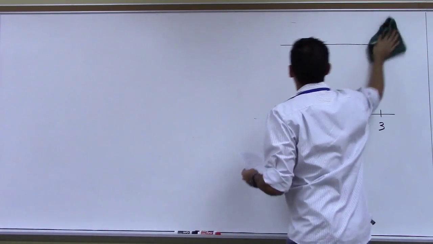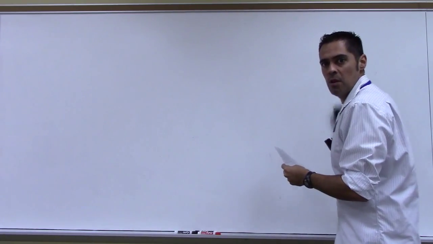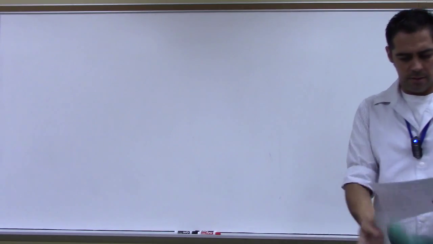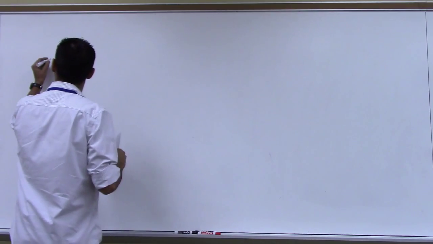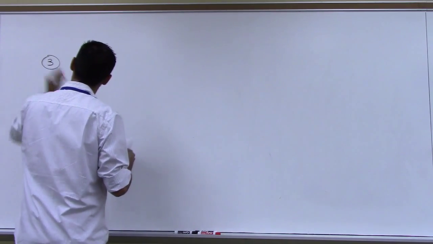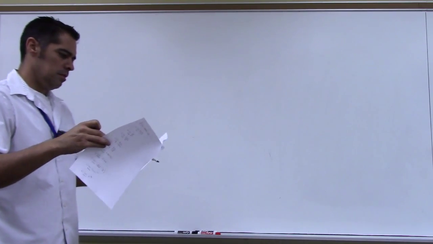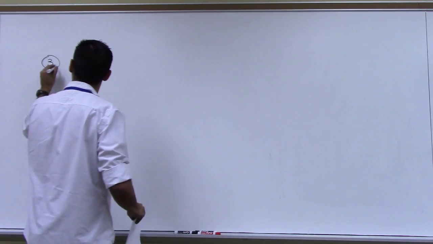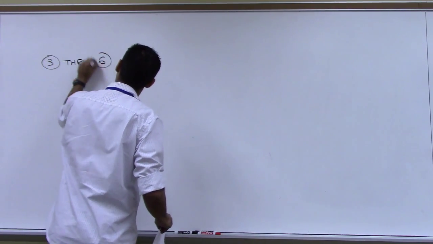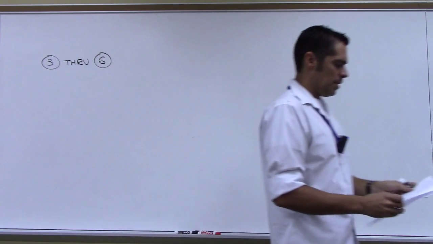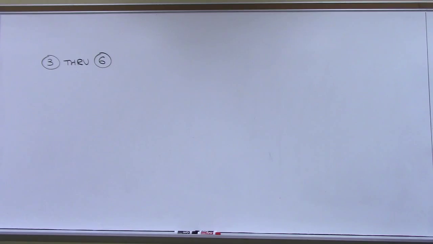There are only certain ones on here I want us to look at. The ones that we should look at: number 3, number 4, number 5, and number 6. Three through 6. All the other ones you either have already been tested on or we have not talked about.